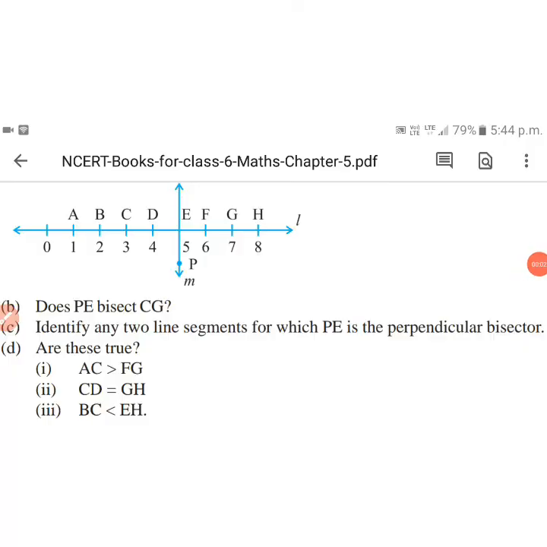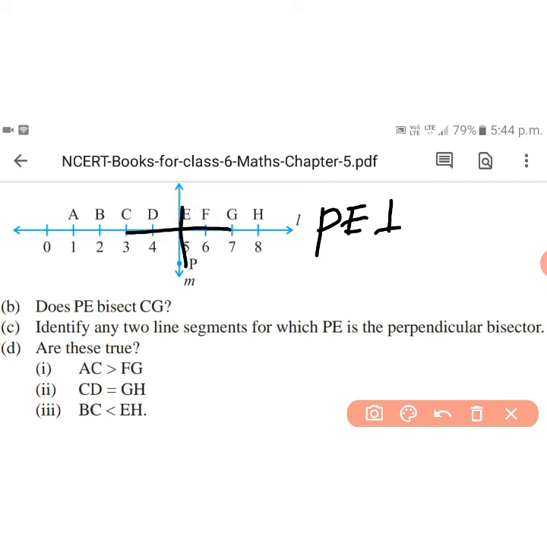C part. Identify any two line segments for which PE is a perpendicular bisector. So this is PE. PE is perpendicular bisector for CG.